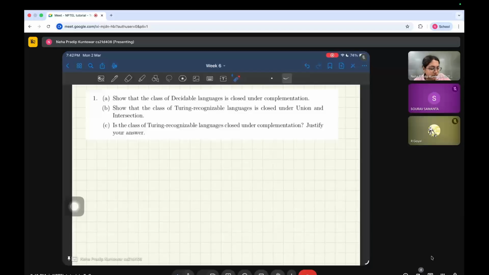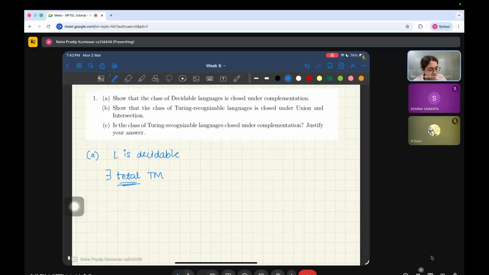Yeah, all of these are correct. So, for the first one, let's say that L is decidable. Then the Turing machine which always accepts or always rejects, meaning for every input it will either accept or reject, is said to be total, or a decider in other words.